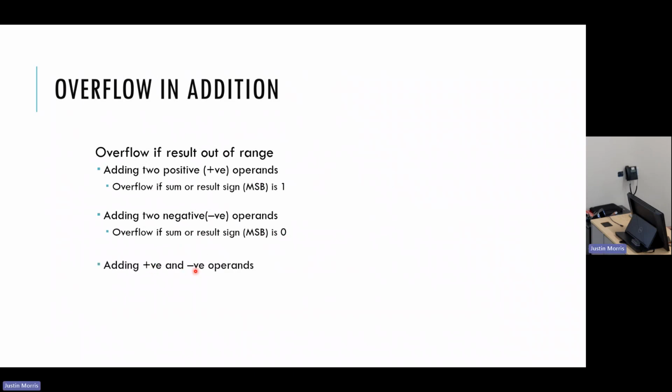But when you're adding a positive and a negative number within the same representation, and the output is expecting the same representation, by the same representation I mean 4 bits plus 4 bits equals 4 bits, then if they have opposite signs, you'll never have overflow. Because in order to get overflow, I have to go outside of the range of possible representable answers. But if I have 2 that are opposite signs within the same range, I can't go outside of the possible representation.